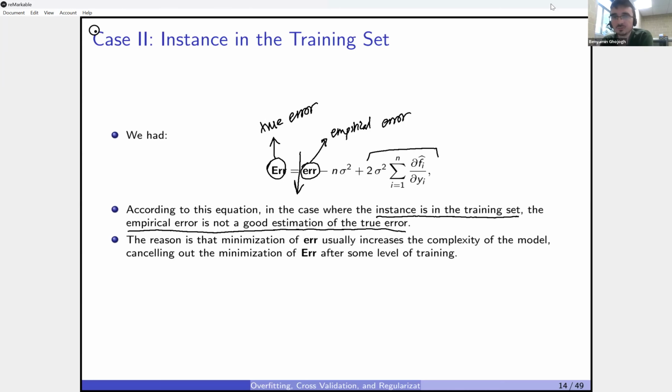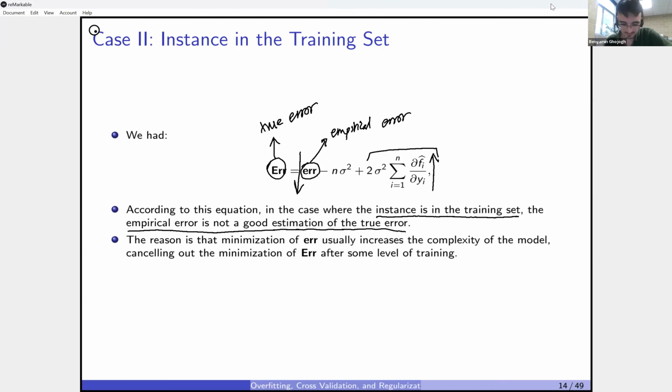But in the training, when you reduce the empirical error, after a while the complexity goes up. So one of the terms goes down, then the term of complexity goes up. So there's a trade-off. And you can't have perfection here. You can't continue reducing the empirical error, hoping that the true error also goes down.